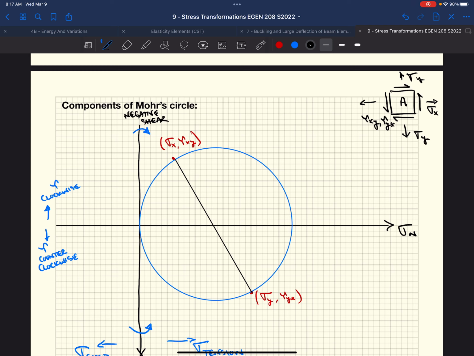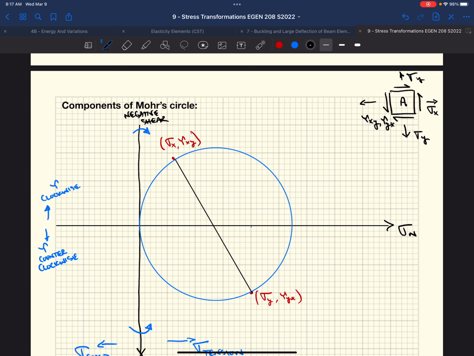We know that shear stresses tau yx and tau xy are equal and opposite. If one's clockwise, the other one's counterclockwise. So we're always going to be equal and opposite across the x-axis, and we can always create a line that goes between them, with equal distance above and below.